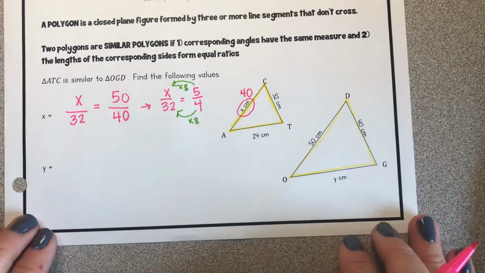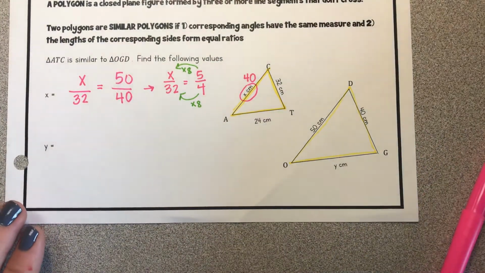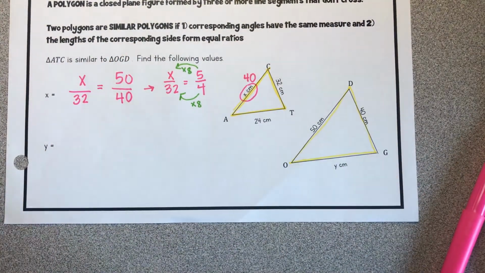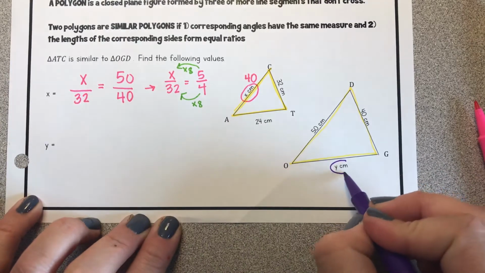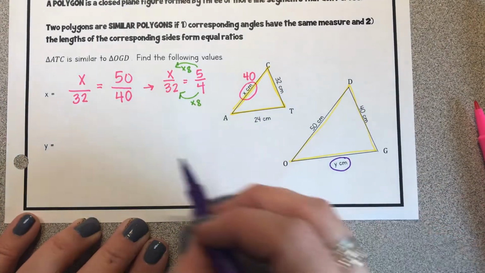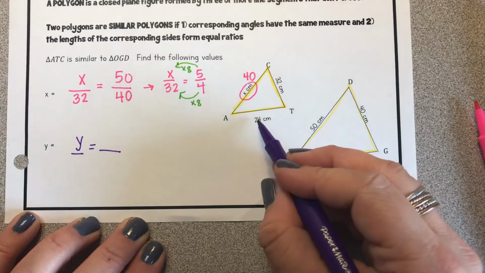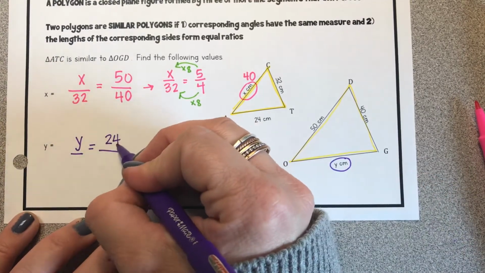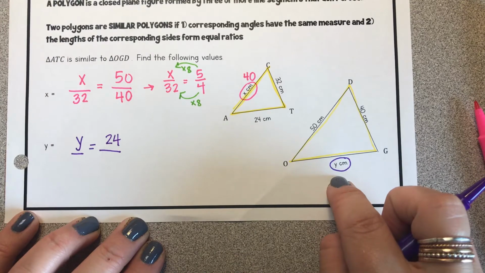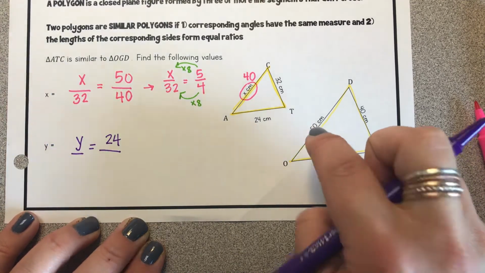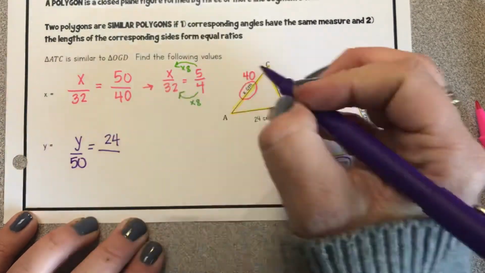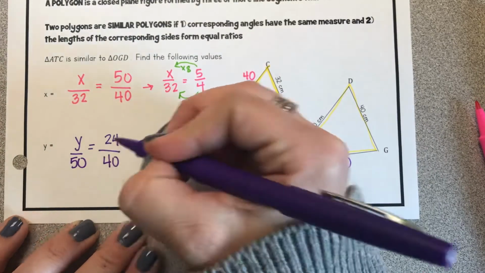And for y, let's do the same process, except I'm trying to find y right here. I'm looking for y, and that matches up with 24. Coming back over here, 50 matches up with 40 because I just found 40.